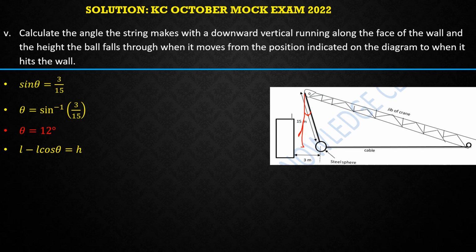And then to get this height, the height that this guy has to fall through all the way to get to this point when he hits this wall, we're basically going to get the total length here, because when it's hitting the wall, this guy is vertical, so the total length, which is 15 minus L cos theta, and our L cos theta will be this 15 cos 12. All right, so we actually have this, and then it gives us 330 millimeters. So again, that's basic, and then our mark allocation is basically 1 mark. All right, on to the next part of the problem.